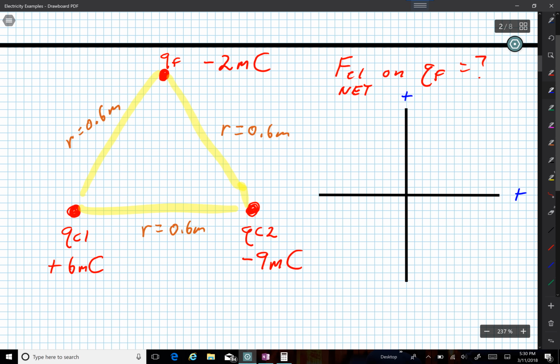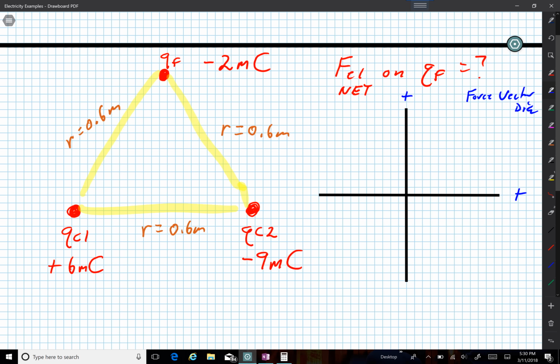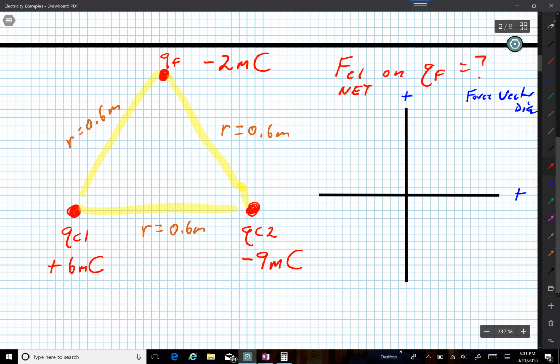Just pick the standard stuff. Okay, this is a force vector diagram. All right, it's not a graph. I know this can also look like axes on a graph, but this is not what we're doing. We're doing a force vector diagram. We put arrows on this. So here's an arrow. First of all, let's make a little sketch here.